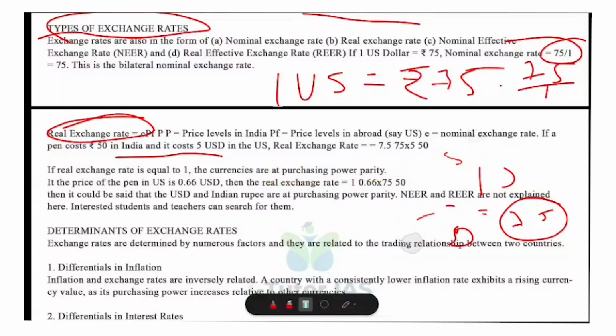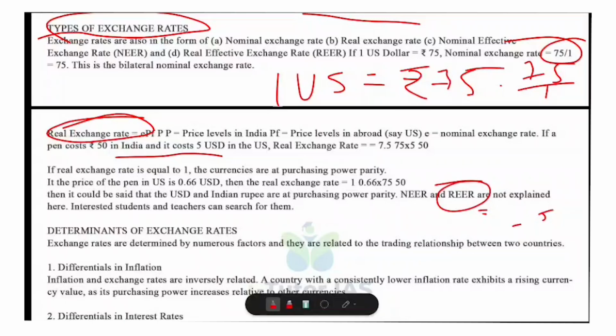Hope you understand. Now, do you know what is meant by NEER or nominal effective exchange rate? NEER is the weighted average of a currency's nominal exchange rate with all major trading partners, and weights are based on trade shares. And the purpose of NEER is to give a better idea of a country's overall external competitiveness than a bilateral rate. And what about REER or real effective exchange rate? What is meant by that?